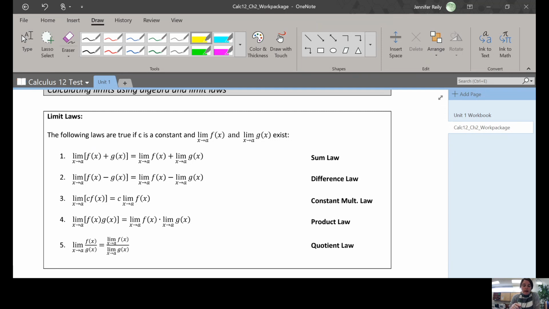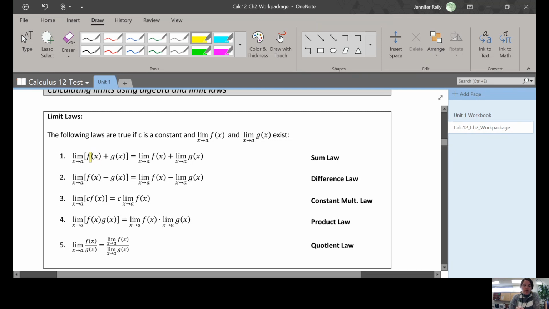So when you're evaluating limits, if you have two terms that are being added together, you're free to do the limit of both of those terms separately and then add the answers together. Same for subtraction. Same if you have a constant number times a function that you know what the limit is, then you can just multiply that constant times the answer to the limit.